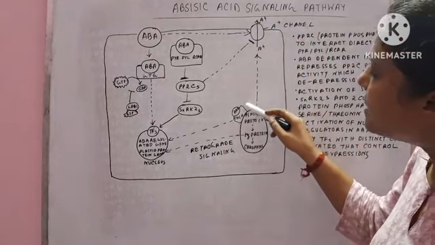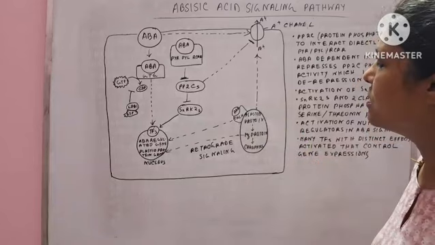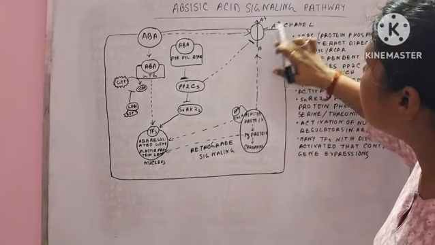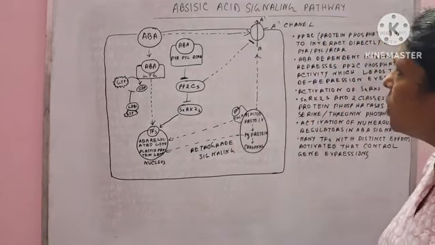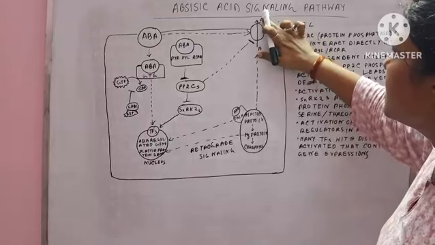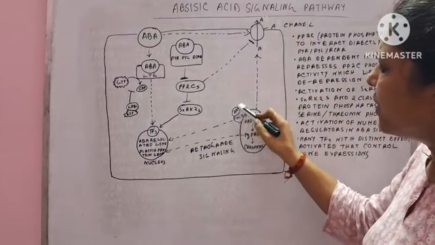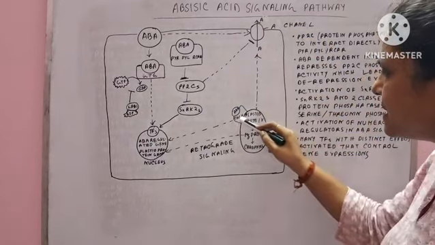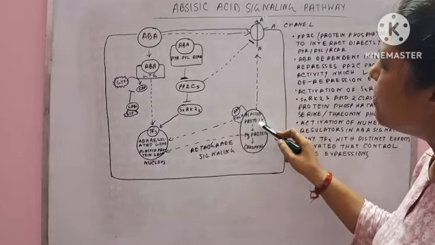And here another important receptor is CHLH. This is the CHLH receptor, and when ABA binds with this CHLH receptor, which is generally present in the plastid, what is happening here?